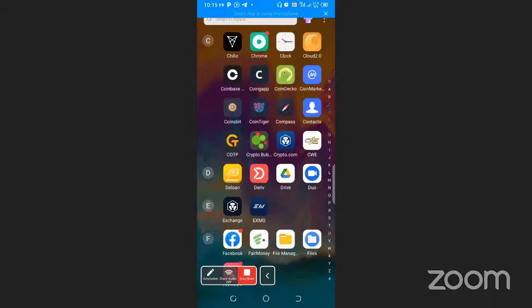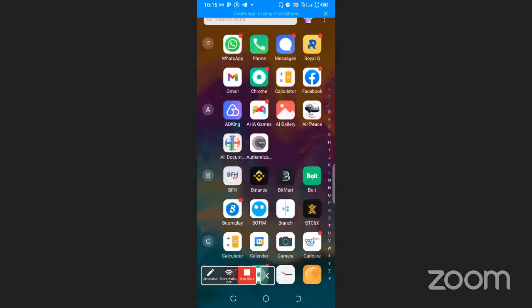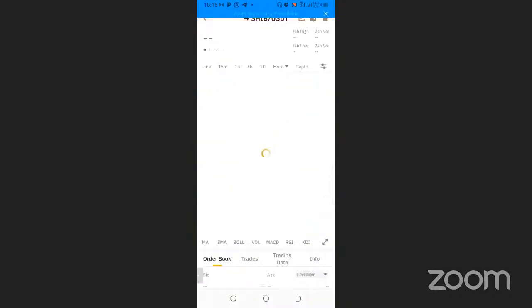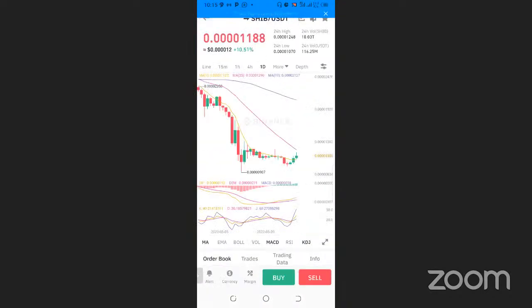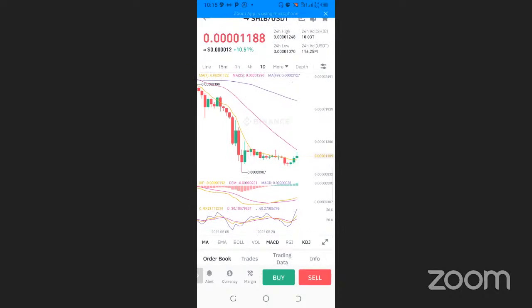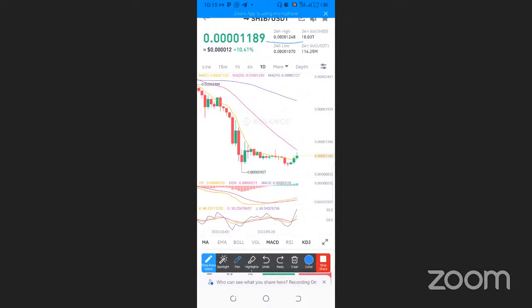Okay, how we are determining take profit is this. One, because we are doing a little mathematics. The trading is all about mathematics. First of all, you look at the all-time high, you look at the current price.